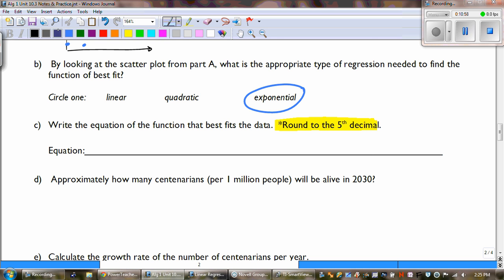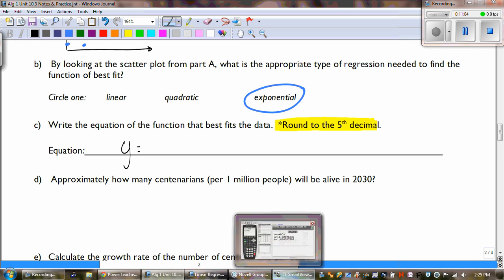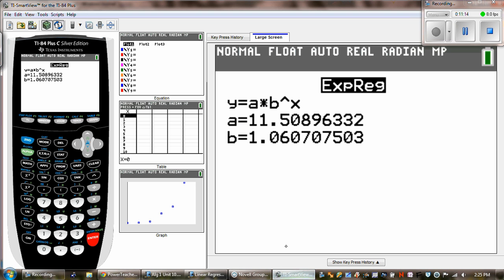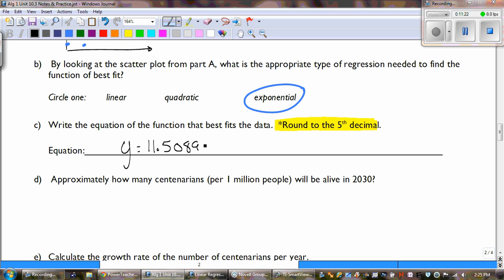Yeah, the 5th decimal. Okay, so y equals, rounding that number to the 5th decimal, we would write 1, 2, 3, 4. So I'm at the 9. So 6 is my 5th decimal. I need to look at the 3.